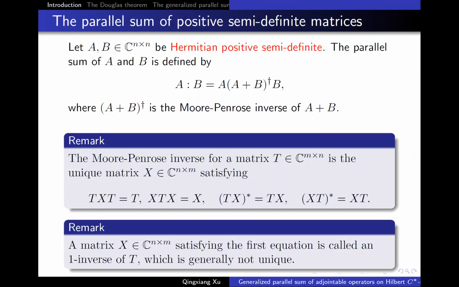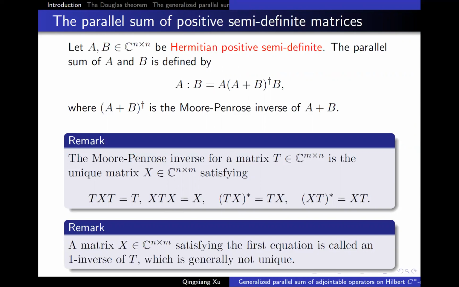The parallel sum of A and B is denoted by A : B, which is the product of three matrices. The middle part is the Moore-Penrose inverse of A plus B. Recall that the Moore-Penrose inverse of a matrix T is the unique matrix X which satisfies the following four equations.